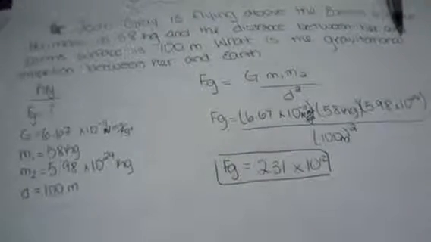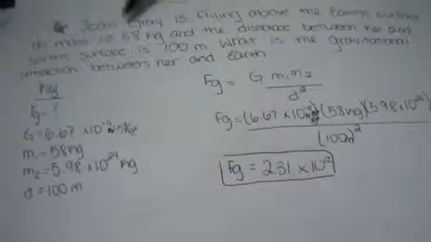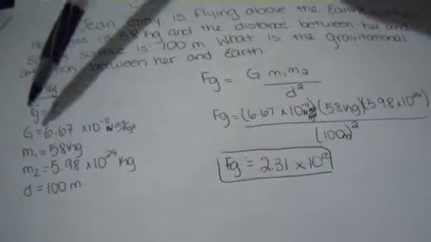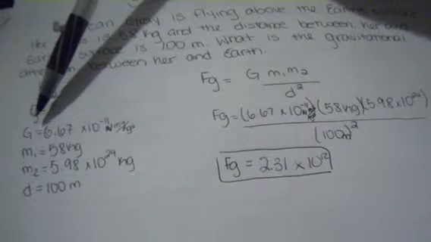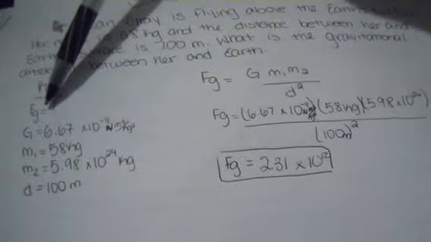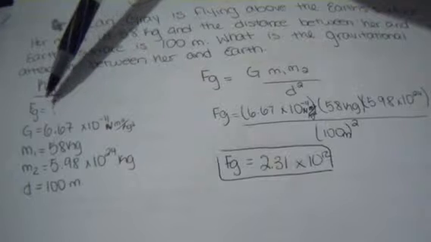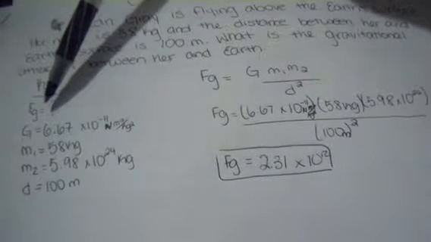Universal gravitation. Jean Grey is flying above Earth's surface. Her mass is 58 kilograms, and the distance between her and Earth's surface is 100 meters. What is the gravitational attraction between her and Earth? For your key, you are looking for the force of gravity. The gravitational constant is 6.67 times 10 to the negative 11th power newtons meters squared over kilogram squared.